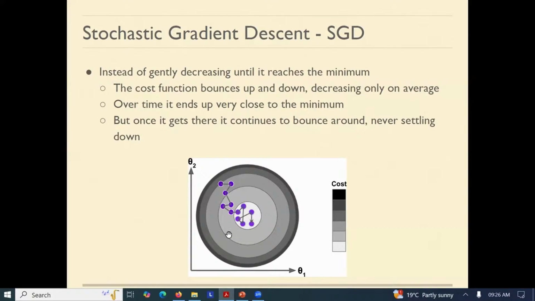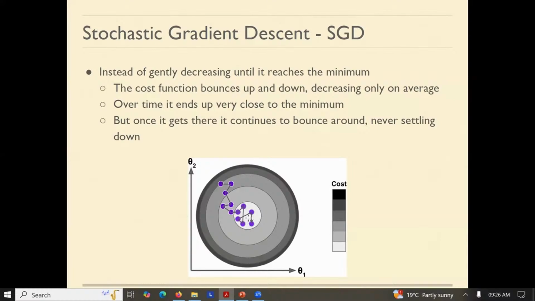Once we are in the optima region, we will continue to bounce around, because the gradient we are using is noisy. So it will never settle down. Even if we have reached close to the optima position, we will not get the solution, and we will continue to bounce around.